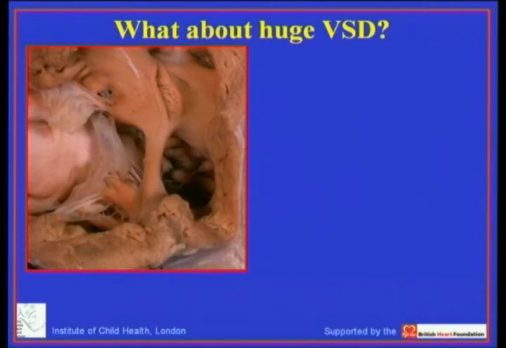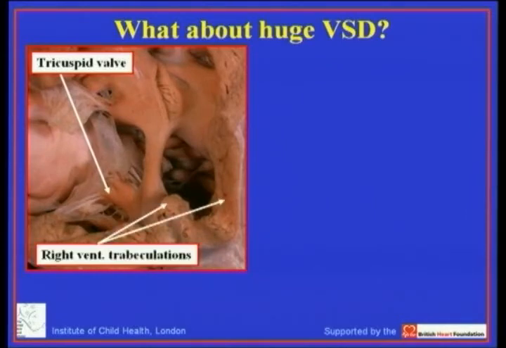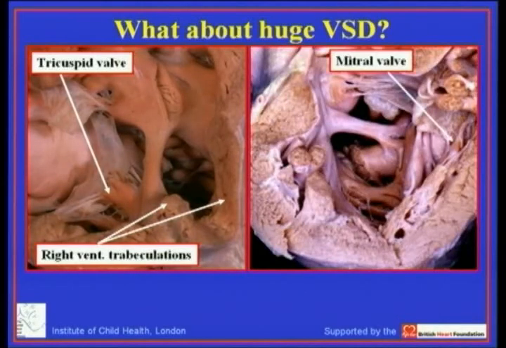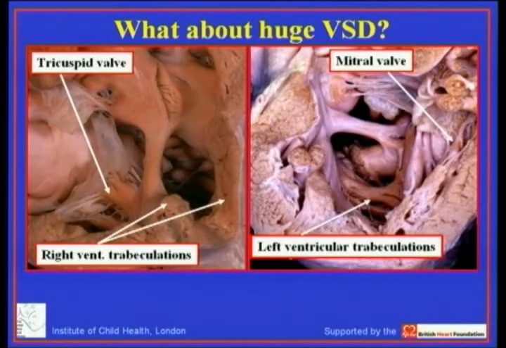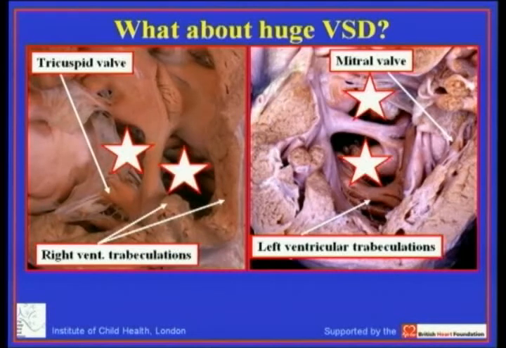We can also distinguish huge ventricular septal defects because we find that the tricuspid valve enters the apical part of a ventricular mass that has right ventricular trabeculations, and the mitral valve enters the apical part that has left ventricular trabeculations. And here is a shelf that is separating those two apical trabeculations. The rest of the septum is deficient.